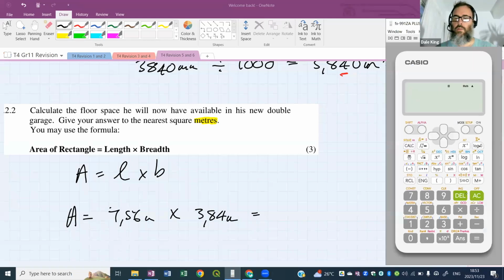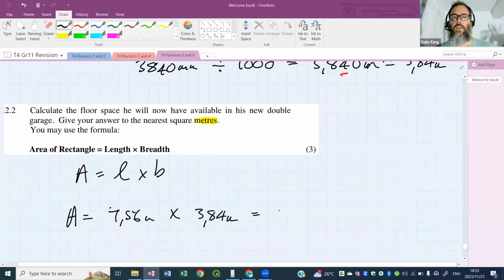On the calculator, 3.84 times 7.56 is 29,0304. Yes, well done, Tano. 29,0304 meters squared, because we're working in meters now. Meters times meters gives us meters squared.